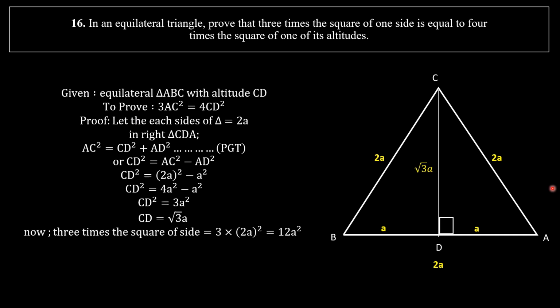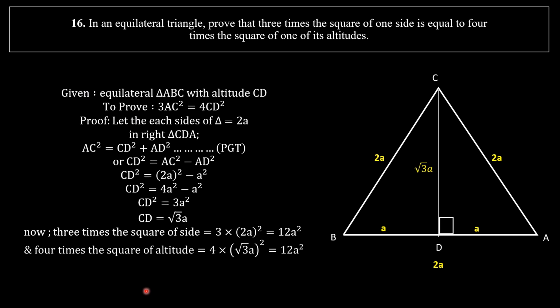Further, 3 times the square of the side: the side is 2A, the square of 2A is 4A square, into 3, that is 12A square. And 4 times the square of the altitude: the altitude comes out to be root 3 A, the square of root 3 A is 3A square, into 4, that is 12A square.